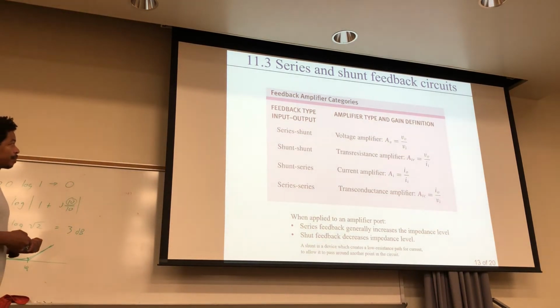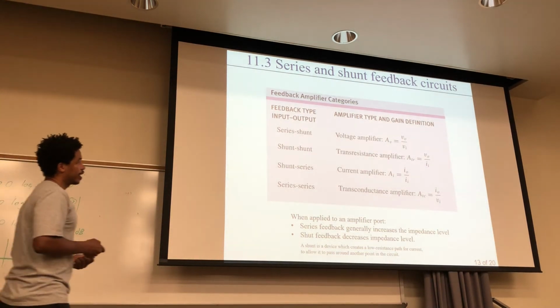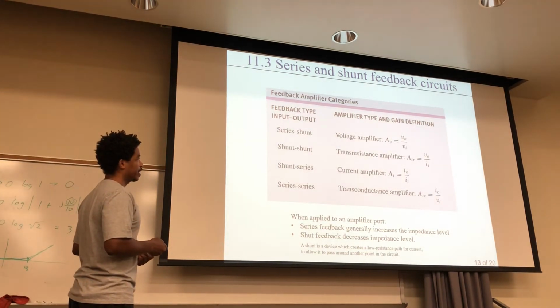Okay, so it says here, when applied to an amplifier port, series feedback generally increases the impedance level. Okay, and shunt feedback decreases the impedance level.